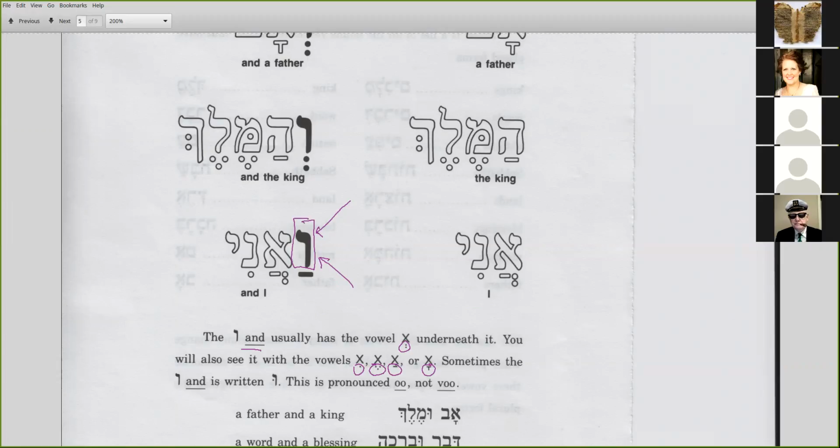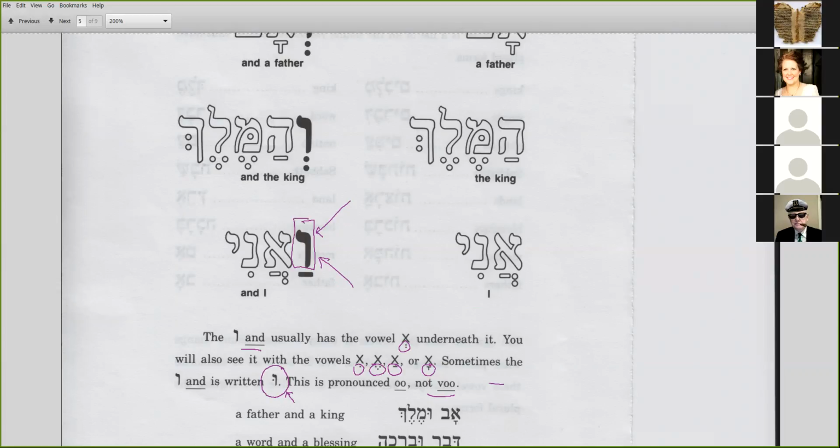Okay, and sometimes we see it written like this, and it's pronounced oo. In that case, it becomes literally the sound of the vowel, but it still maintains its position as the connecting vav. So notice it's not vu. It loses its V sound. This is all part of the operation, and I think I explained this to one of the students that wrote me, something called the mother of reading operation.